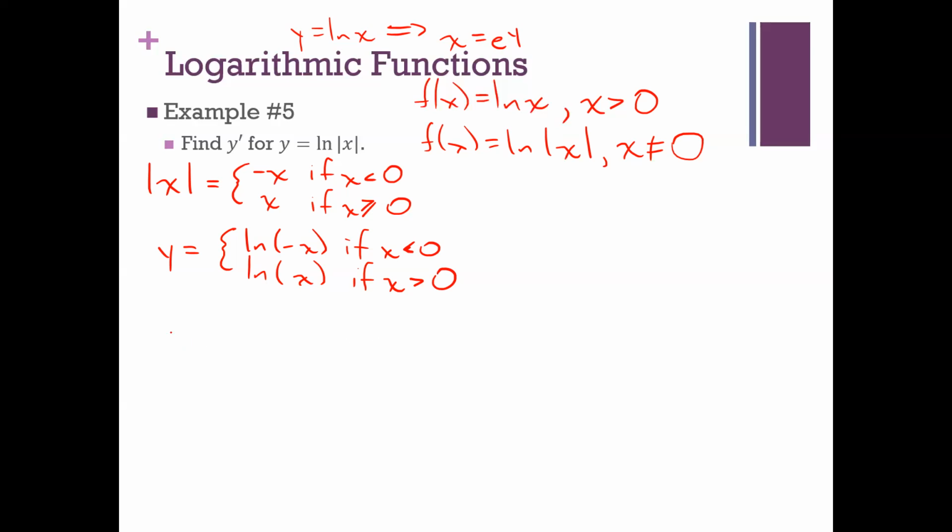So now let's take the derivative of both of these pieces of this piecewise function. Actually, let's start with the easy side. What is the derivative of the natural log of positive x? 1 over x. So 1 over x if x is greater than 0. What is the derivative of natural log of negative x? What's that? Is it 1 over negative x?